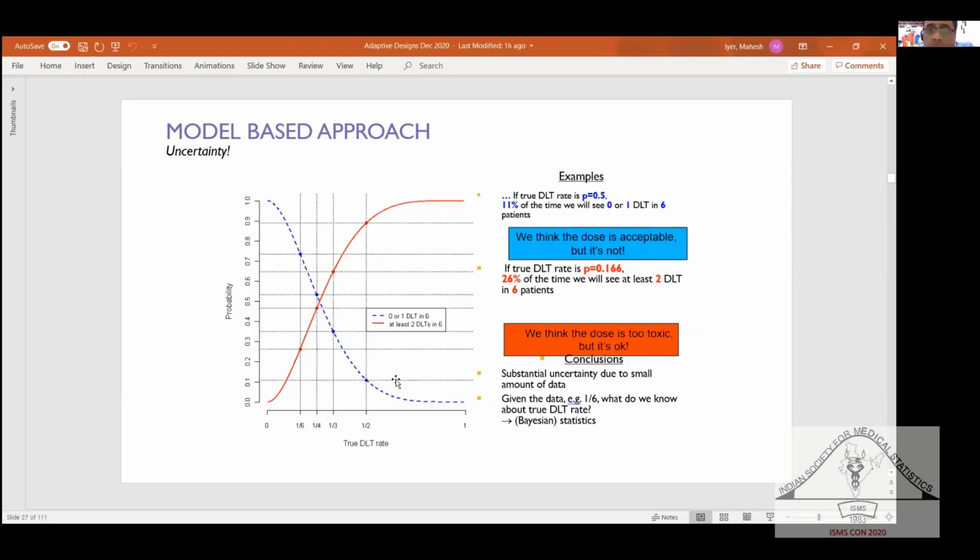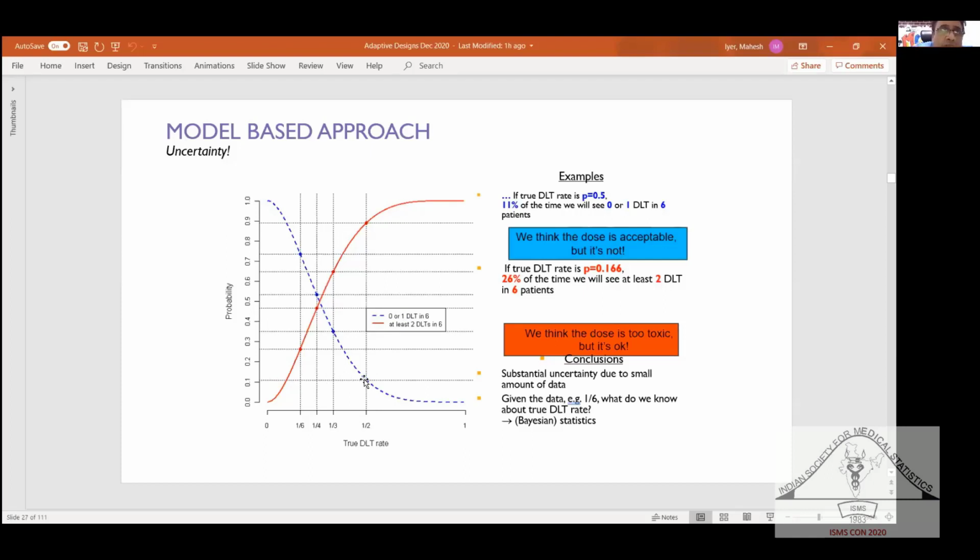Consider the blue line is the probability of having either 0 or 1 DLT in 6. Now, supposing your true DLT rate was 0.5, which is right here. This is your true DLT rate. The chance of seeing either 0 or 1 DLT is still 11%.